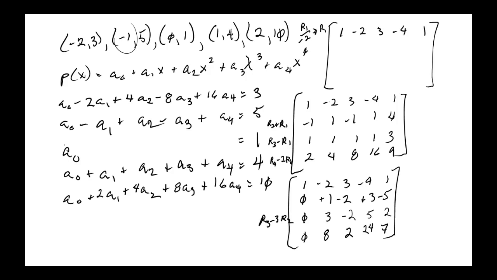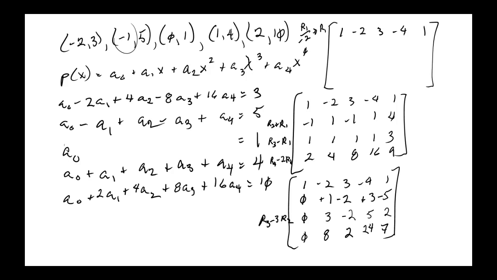So a0 is equal to 1. We're going to come back to that in a moment. And then the next one is a0, and you plug in a 1 here, so it'll be 1a1 plus 1a2 plus 1a3 plus 1a4 is equal to 4. The next one, x equal 2: a0 plus 2a1 plus 4a2 plus 8a3 plus 16a4 is equal to 10.